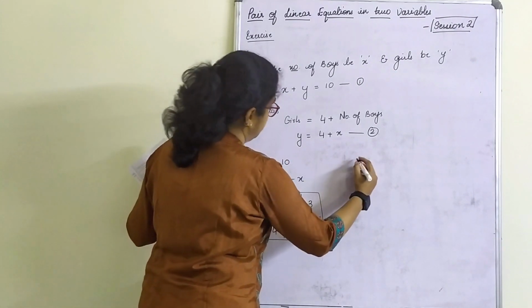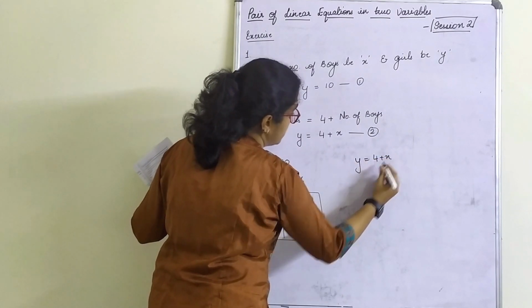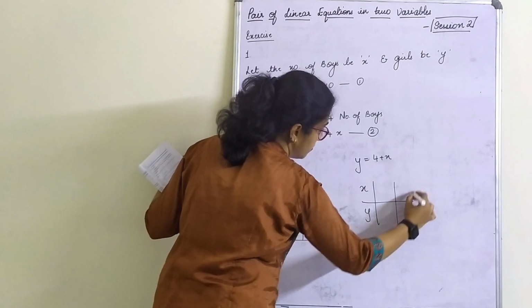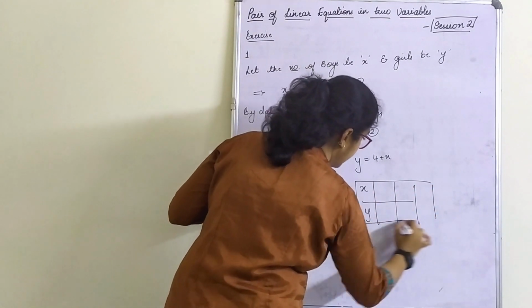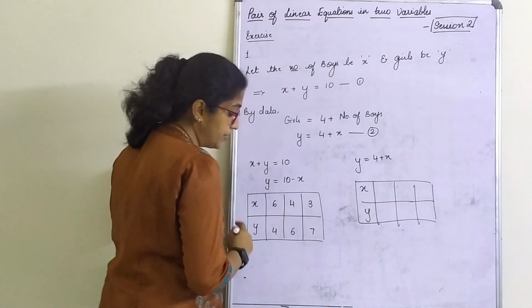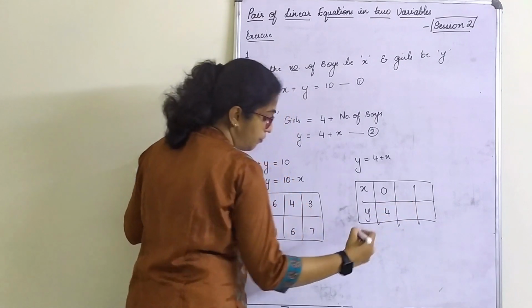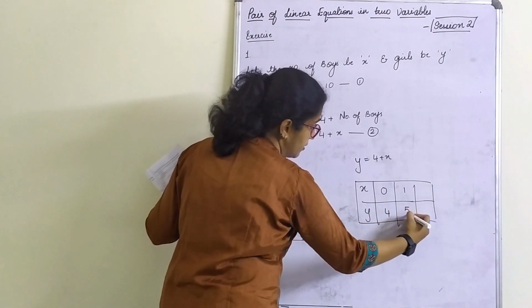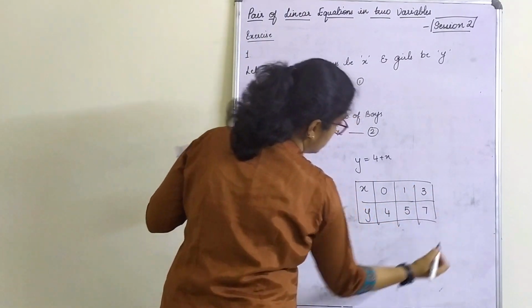The next part, directly we can write Y is equal to 4 plus X value and Y value. So let's see what values we will take here. First one, if X is equal to 0, Y is equal to 4. If X is equal to 1, Y is equal to 5. If X is equal to 3, Y is equal to 7.